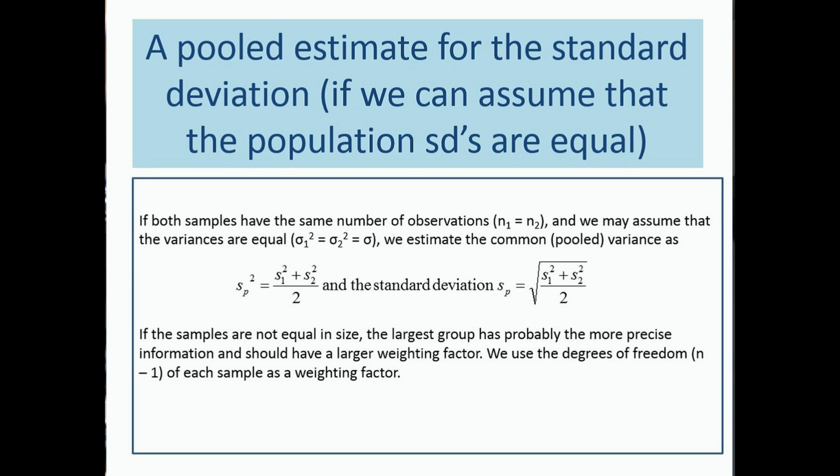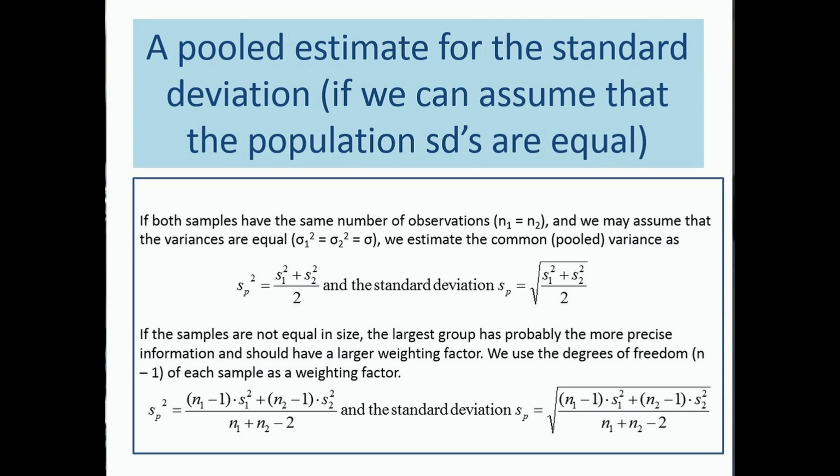If the sample sizes are not equal, however, the largest group will probably have the most precise estimate. We will use the degrees of freedom of each sample as a weighting factor. Here you see the formula for the pooled variance.